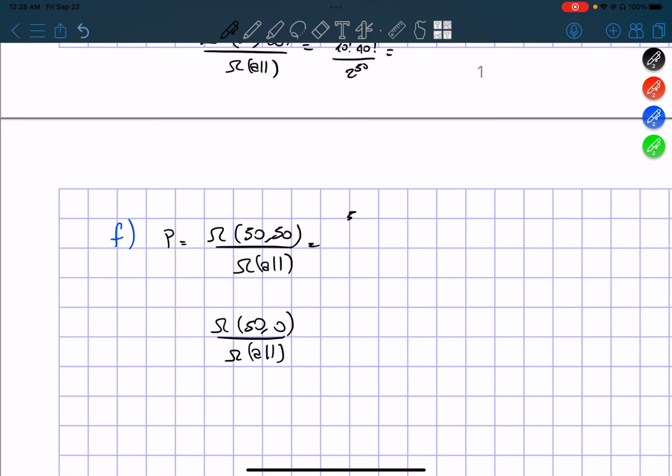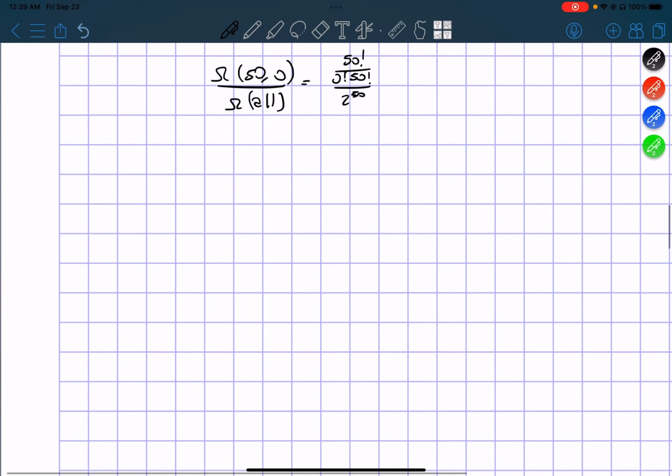So here we get 50 factorial over 50 factorial times 0 factorial over 2 to the power of 50. And at the bottom here we get 50 factorial over 0 factorial times 50 factorial over 2 to the power of 50. And here again we obtain 8.88 times 10 to the power of negative 16.